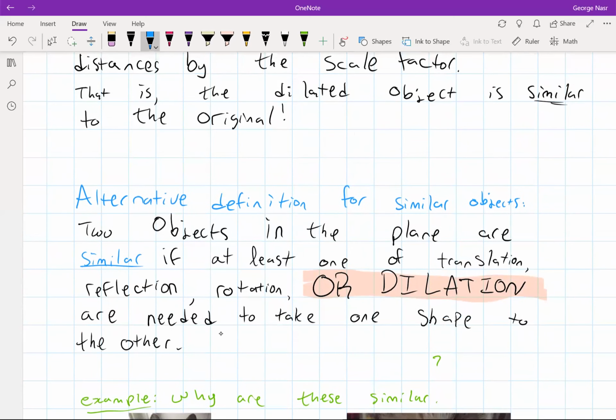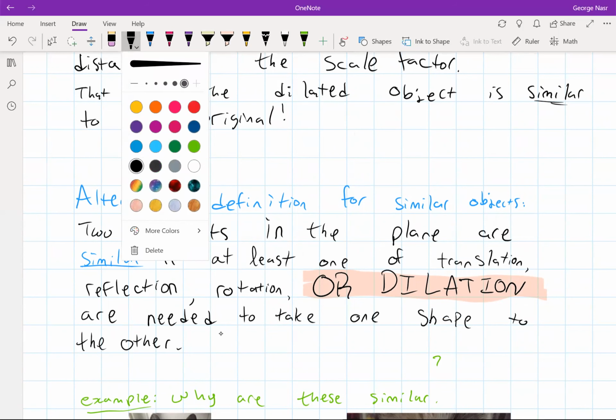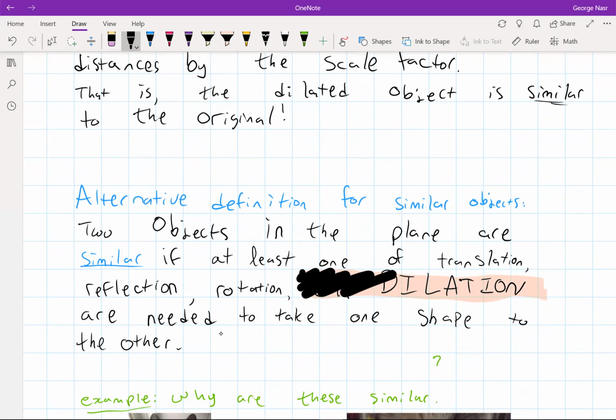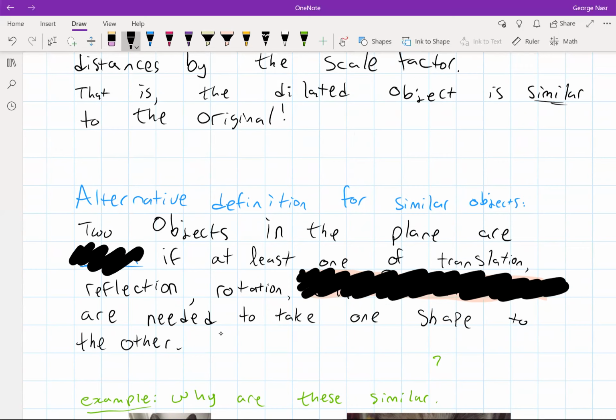So notice that if I were to get rid of this part of the definition, what do I have? At least one of translation, reflection, rotation, then I would really be talking about congruent. 2 objects are congruent if you just need a translation, reflection, or a rotation.